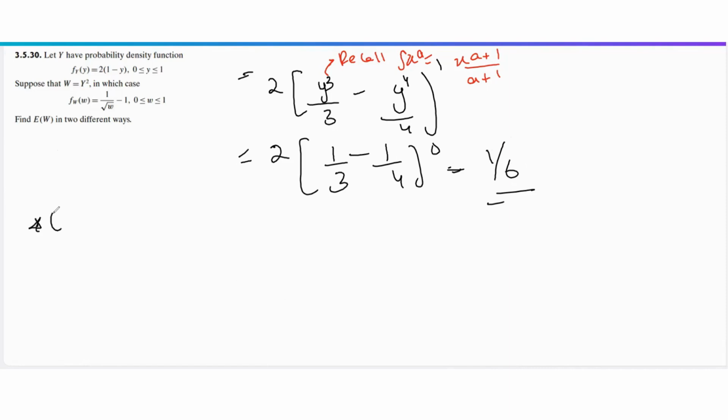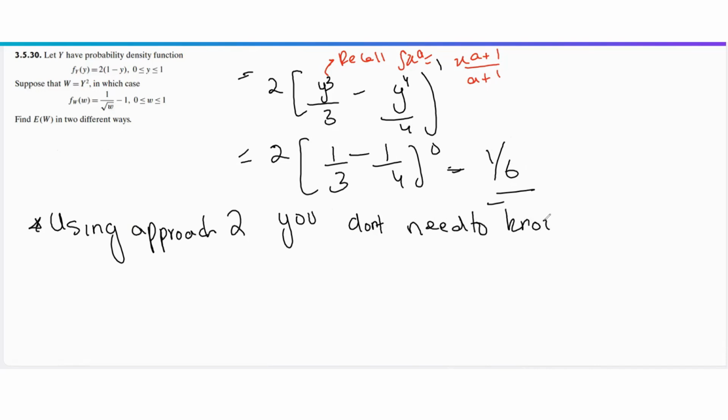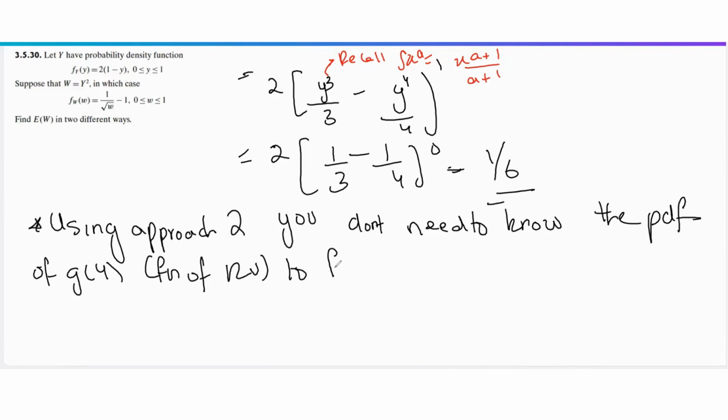So the key takeaway over here is that using approach 2, where we use the PDF of Y, of which W is a function, you don't need to know the PDF of W. You don't need the PDF of the function of the random variable to find its expected value. All you need is the PDF of Y.